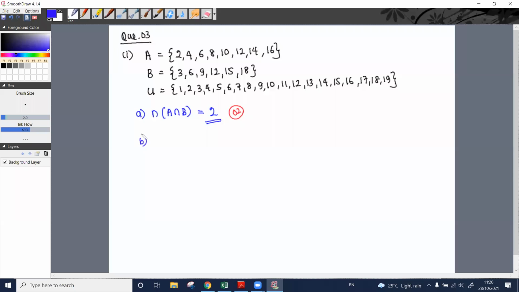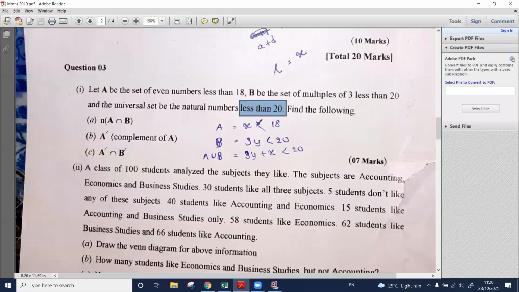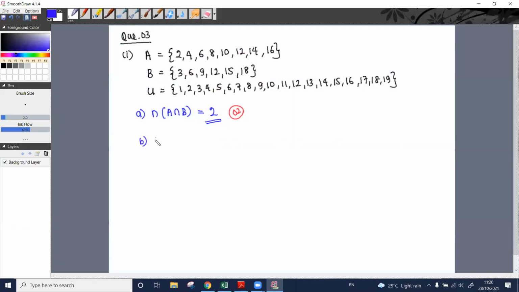Then part B: A complement, the complement of A or A dash. How many elements are not in A? If I take it here, we have something like this.